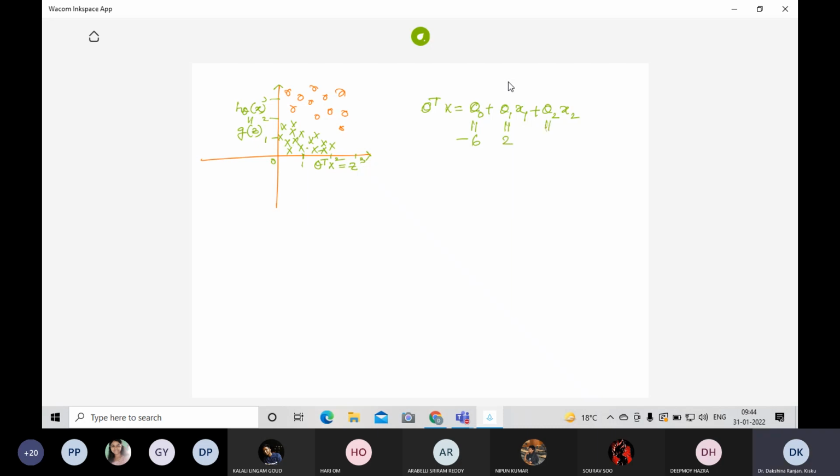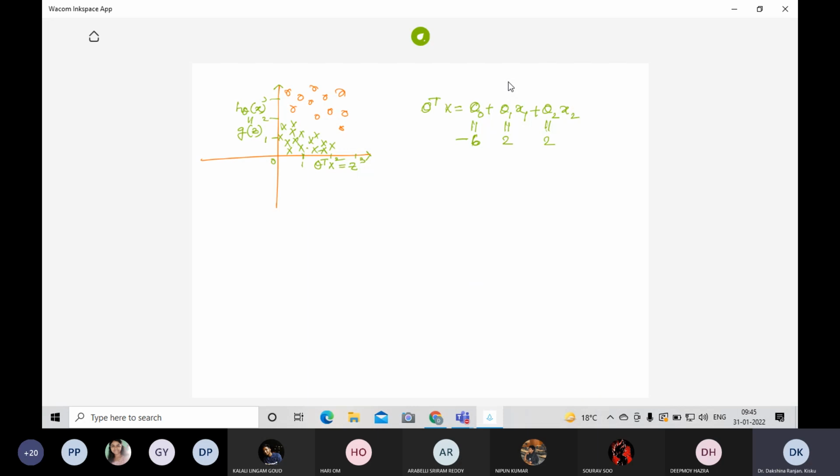Initially we can assume these model parameter values, fit them in this hypothesis representation, and try to define a decision boundary. Initially these model parameters will not be known and we have to estimate them, but for the sake of discussion we can assume these values.